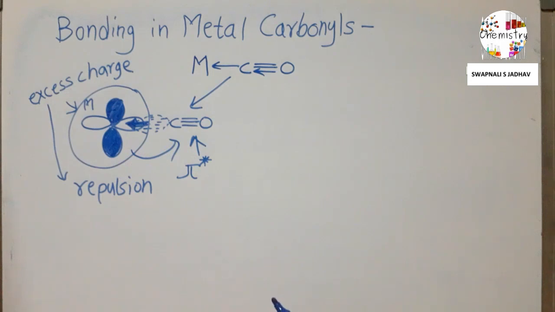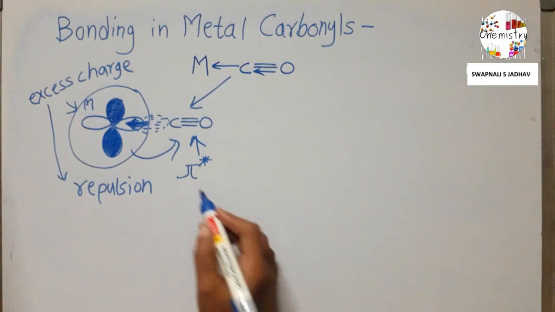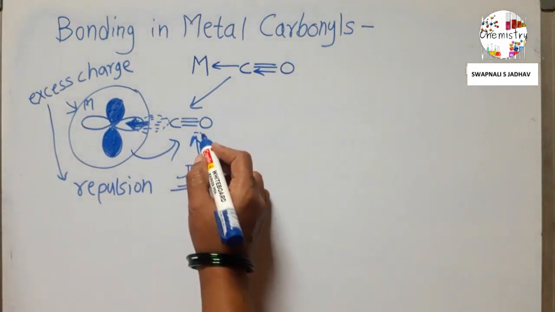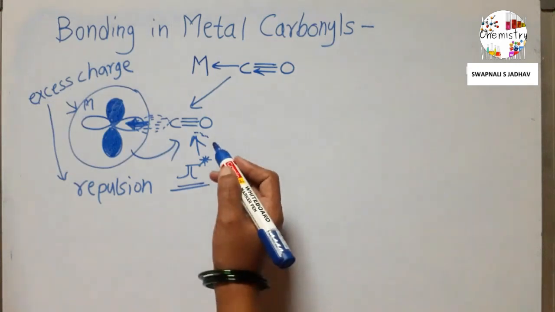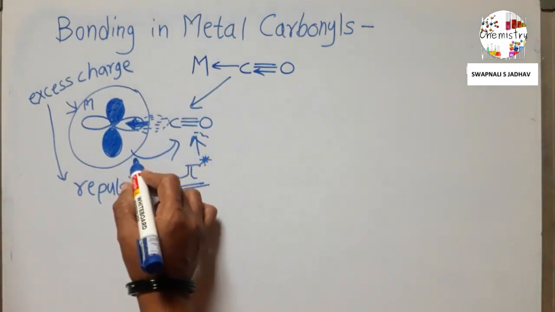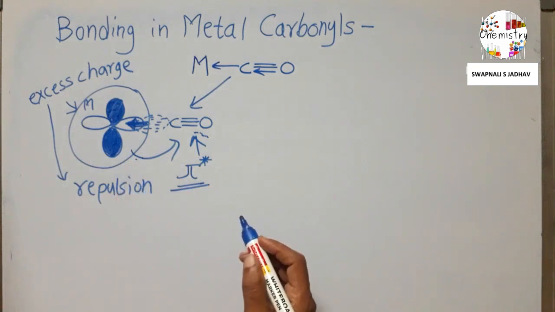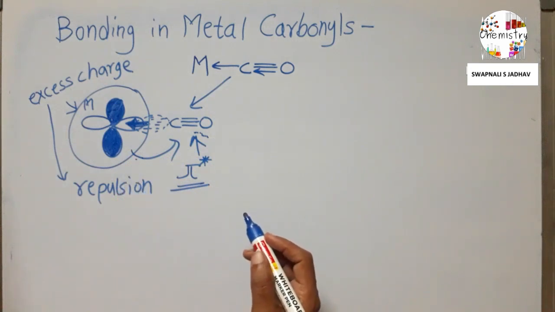So what happened? To overcome or decrease this repulsion, the pi star antibonding molecular orbital of that carbonyl group, which is vacant, accepts electron density donated by the filled d pi orbital of the metal.